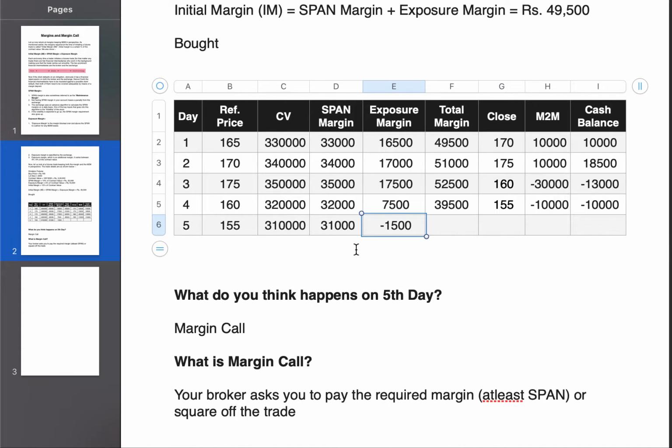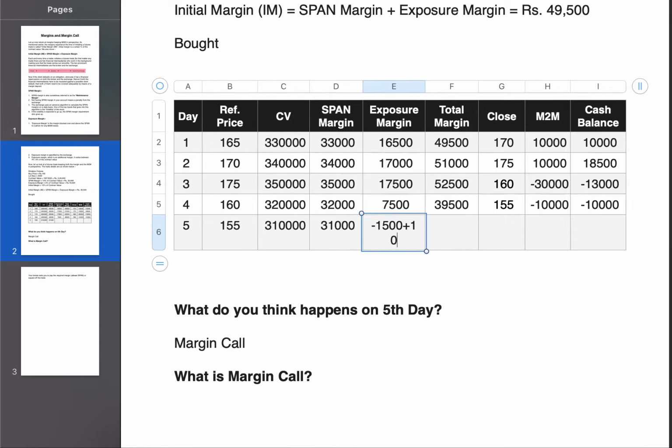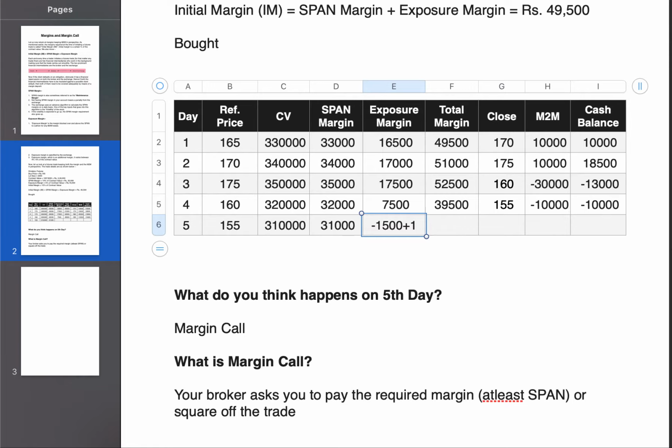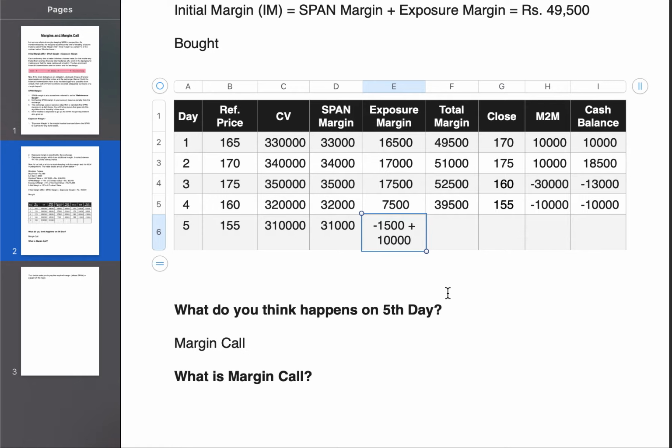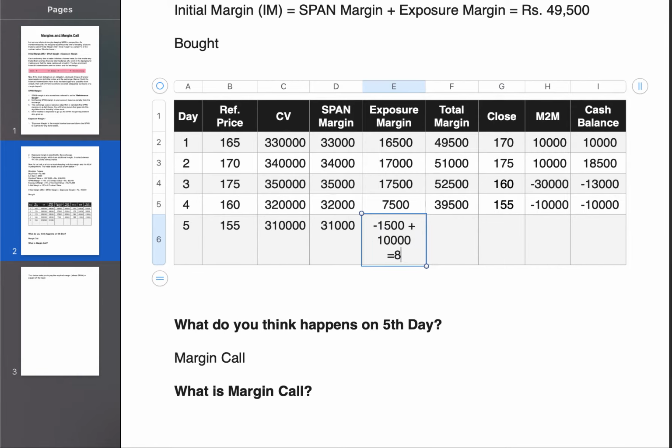So if you paid 10,000 rupees, my span margin increases by 10,000, which will be about 8,500.